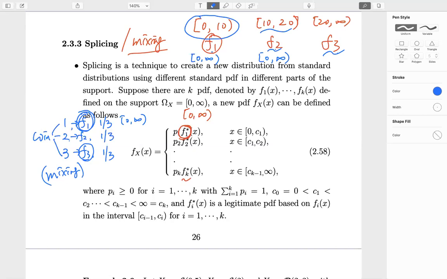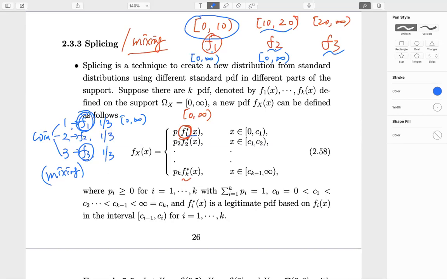However, in the case of splicing, only one part of F1 is used. It doesn't matter what face of the coin shows up. There's no coin. Here it's already known, according to the value of my X, not the result of a coin.